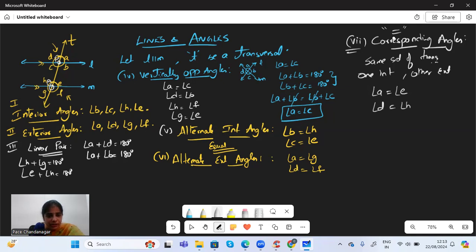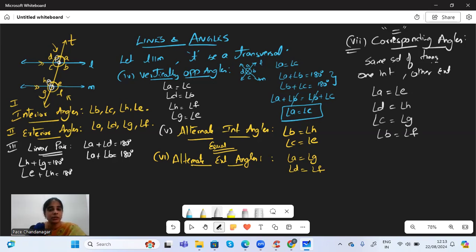Bottom left is C from the first set, bottom left is G from the second set, isn't it? So we can take angle C equal to angle G. Also, angle B equal to angle F, because bottom right and bottom right. Basically, all these are lying on the same side of the transversal, with one interior and the other exterior. Clear with that? So corresponding angles are also equal if the lines are parallel.